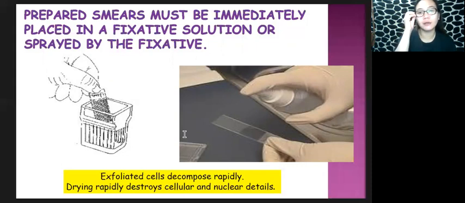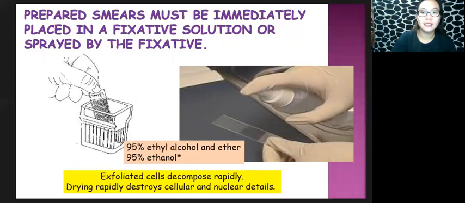So that's why you have to fix it ASAP, or immediately. Right? So again, 95% ethyl alcohol is actually the best one, but we are trying to avoid the use of ether. So the most commonly used is your 95% ethanol.